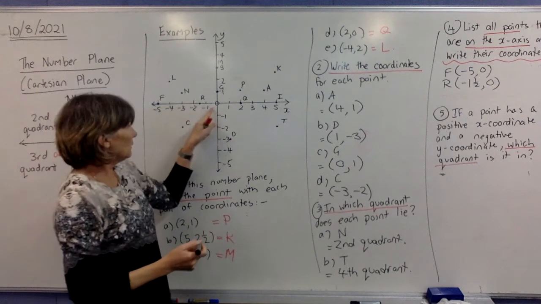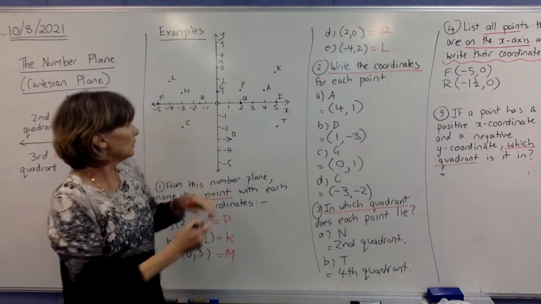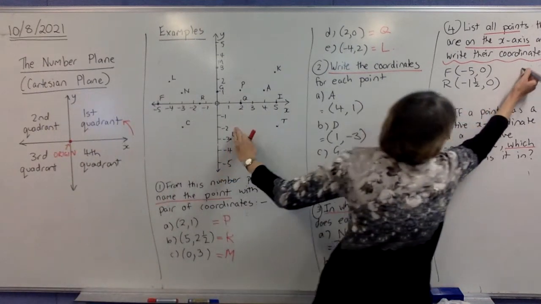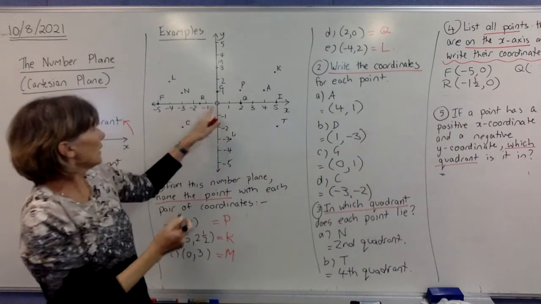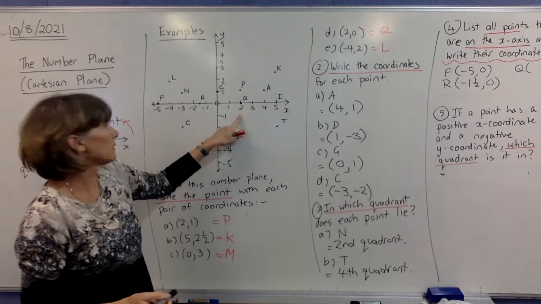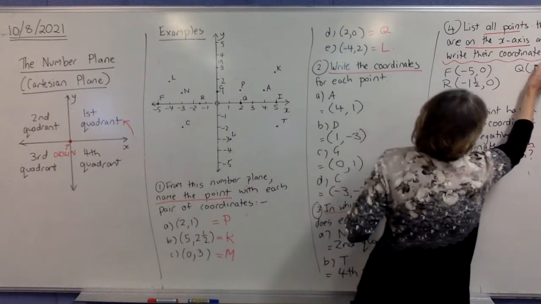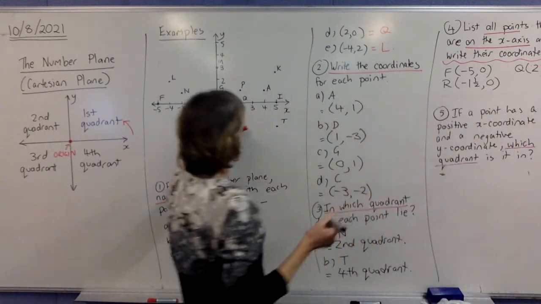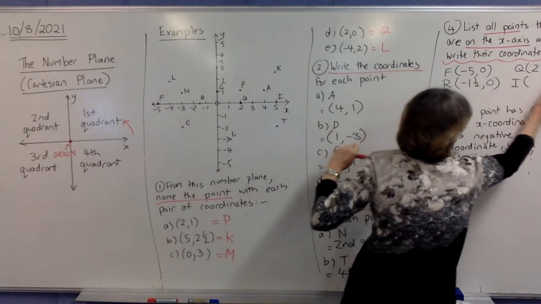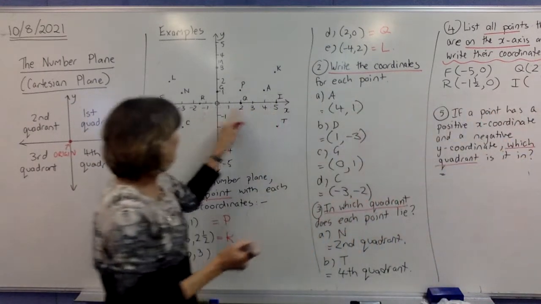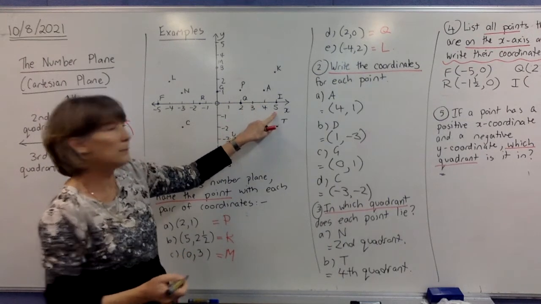If we keep going, we get to Q. And let's find its coordinates. We're going along 2 and up or down, nothing. And then keep going past Q and we get to I. And its coordinates are 5 and up or down, nothing.